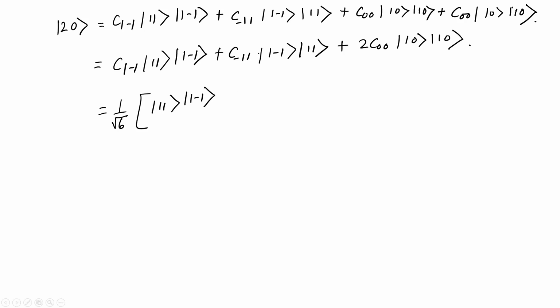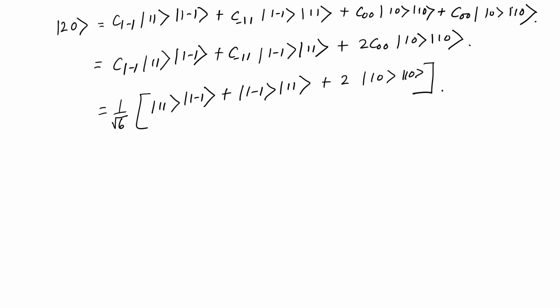And so, I hope this 0 0 is clear, because there are these 2 combinations which are given, that is why this is written twice. And so, this is again 1 by root 6, so it is |1 -1⟩|1 1⟩ plus 2 by root 6, |1 0⟩|1 0⟩ and so on. Okay. So, this is the way to find it.